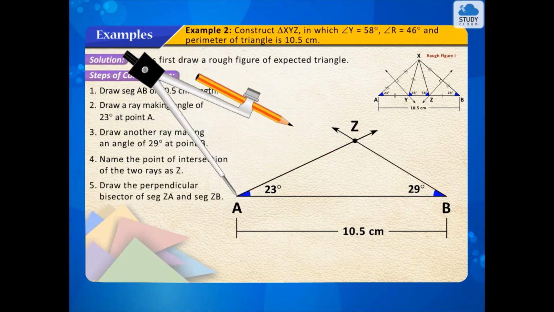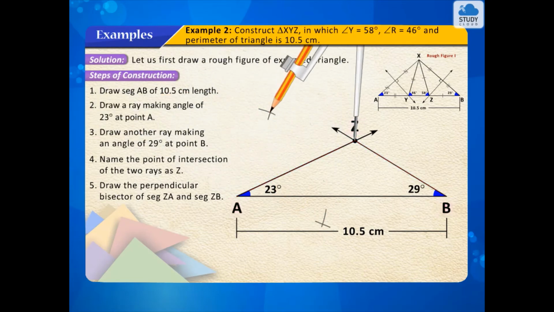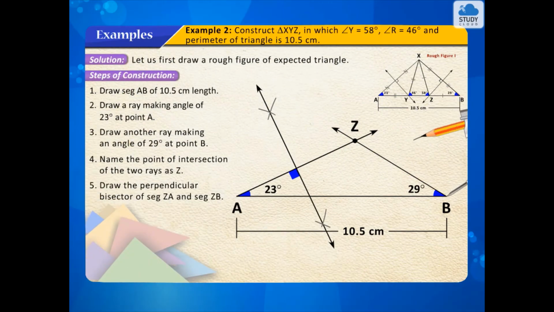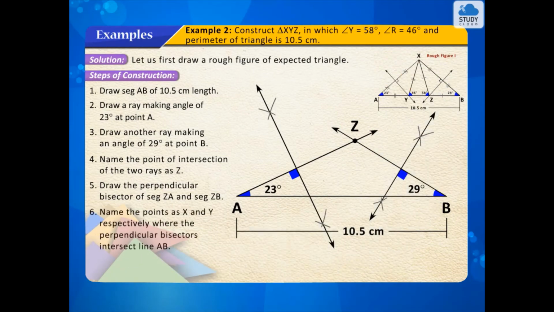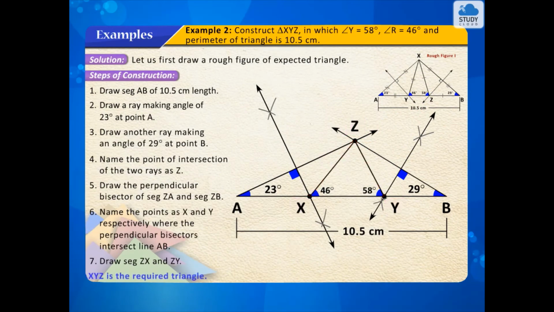Draw the perpendicular bisector of segment ZA and segment ZB. 6. Name the points as X and Y respectively, where the perpendicular bisectors intersect line AB. 7. Draw segment ZX and segment ZY. Triangle XYZ is the required triangle.